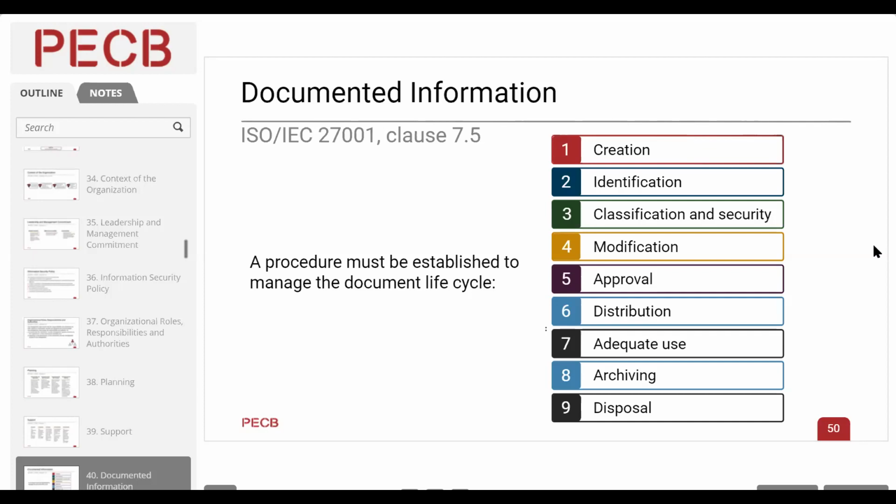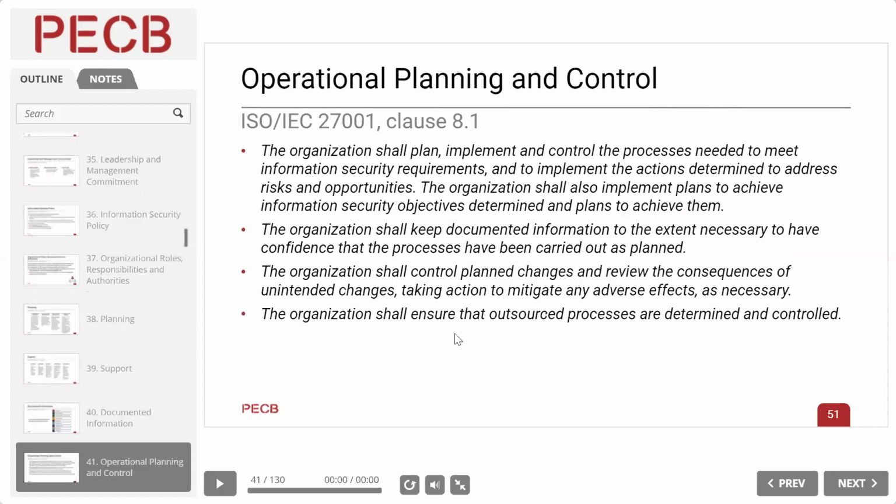So you cannot destroy the document unless, according to law, 6 years has elapsed. Then disposal comes in. How do you dispose of it? Securely. So this is a typical document life cycle that has to be documented and has to be implemented.